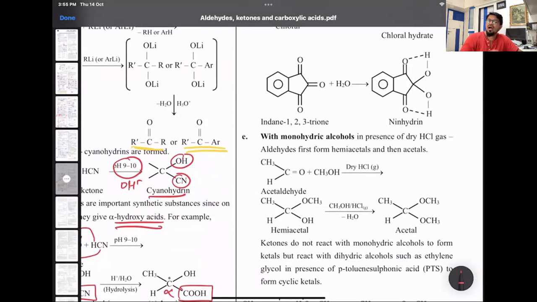What is that? Aldehyde or ketone reacts with alcohols in an acidic medium of dry HCl gas. All right, so it first gives you hemiacetal. What is hemi? Hemi means half. Half alkoxy, half alcohol.